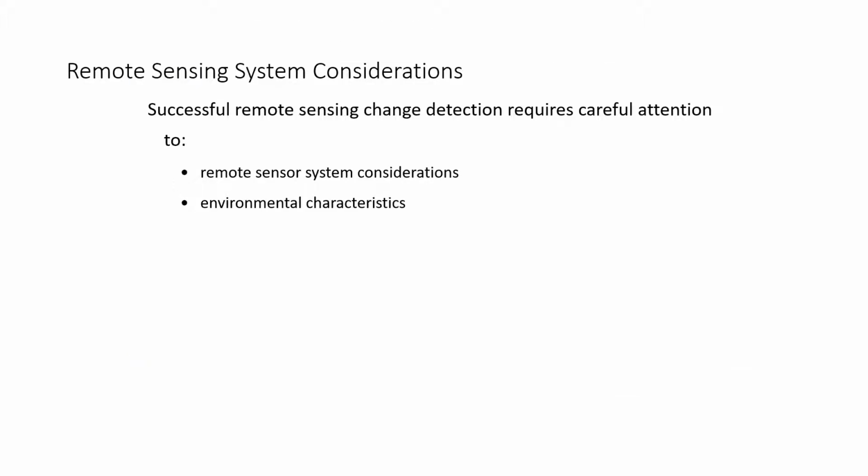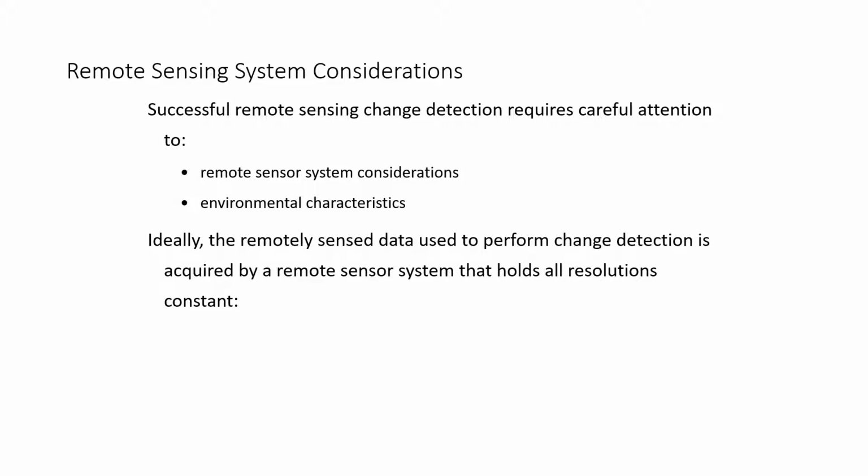Successful remote sensing change detection requires a lot of attention to things like the sensor considerations and the environmental characteristics of what you're looking at. Ideally, remote sensing data used to perform change detection is acquired by a remote sensing system that holds all resolutions constant. In other words, the data quality is the same, the data variability is the same, and everything is basically the same.